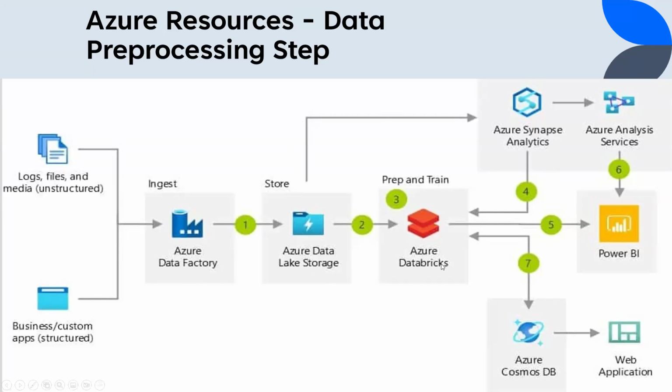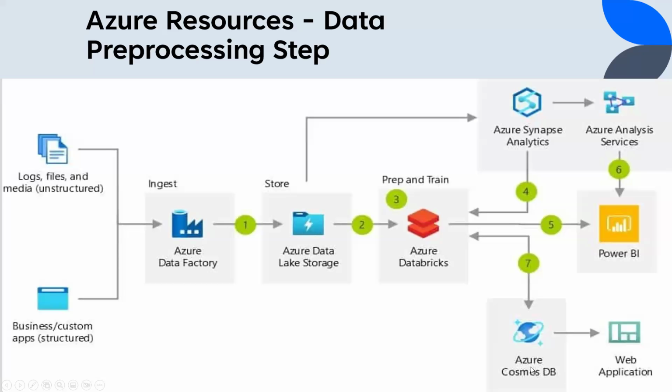And then we proceed with Azure Databricks, and from Azure Databricks, we could populate this to view the data analytics or any graphs or pie charts kind of thing with the data on Power BI.